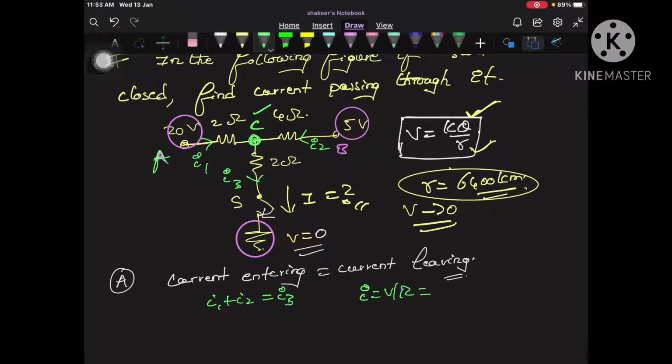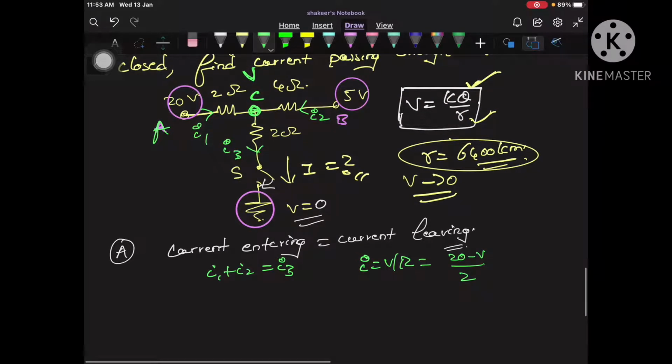The potential difference between A and C I don't know, so I will assume the potential at C to be V. Clear? So this is my assumption. Therefore I write the potential difference between A and C is 20 minus V, divided by the resistance of 2 ohms, so I is equal to V by R. This is my I1 value. This is how I can calculate it.